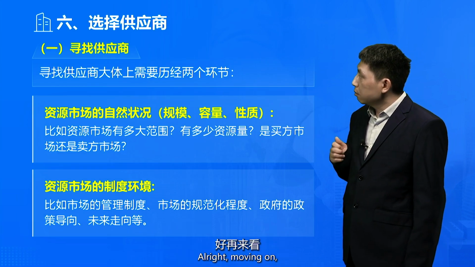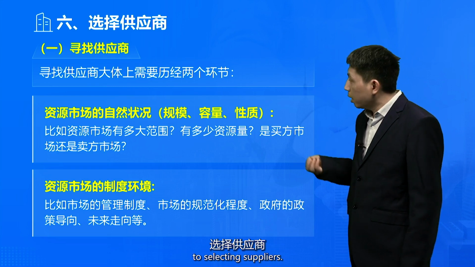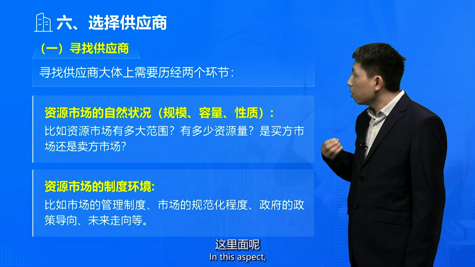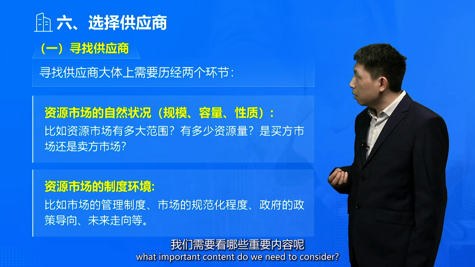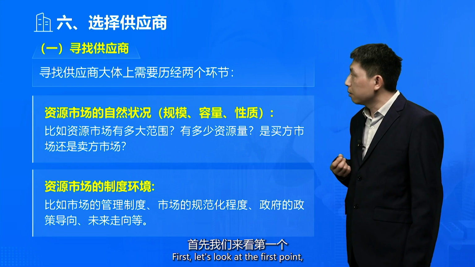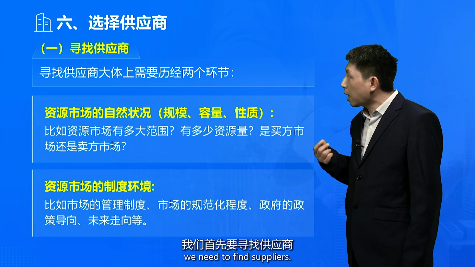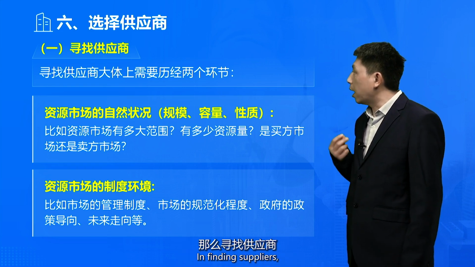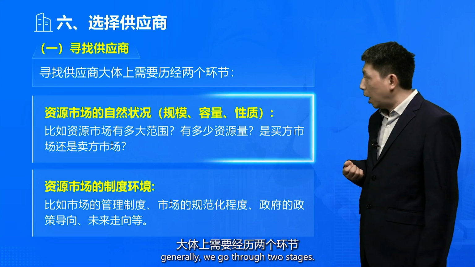Alright, moving on to selecting suppliers. In this aspect, what important content do we need to consider? First, let's look at the first point. We need to find suppliers. In finding suppliers, generally, we go through 2 stages.